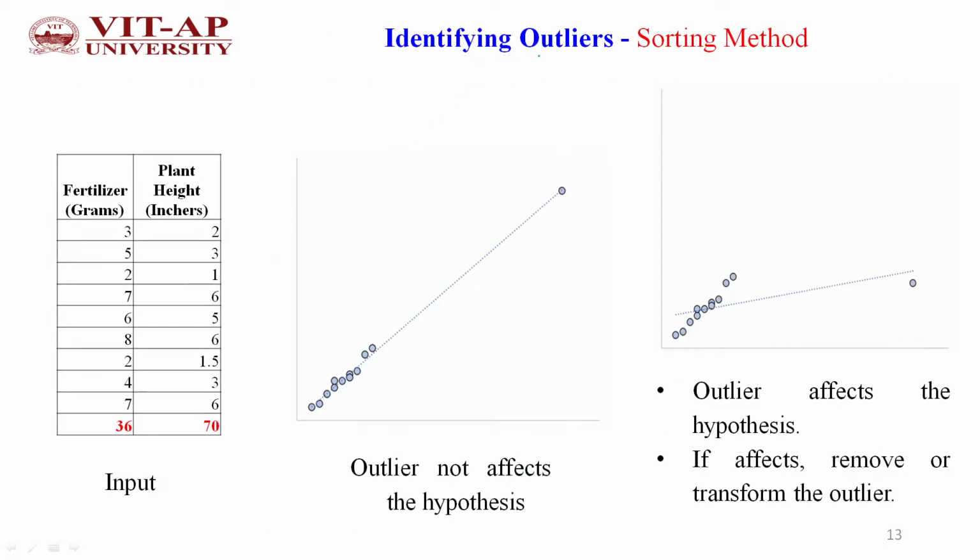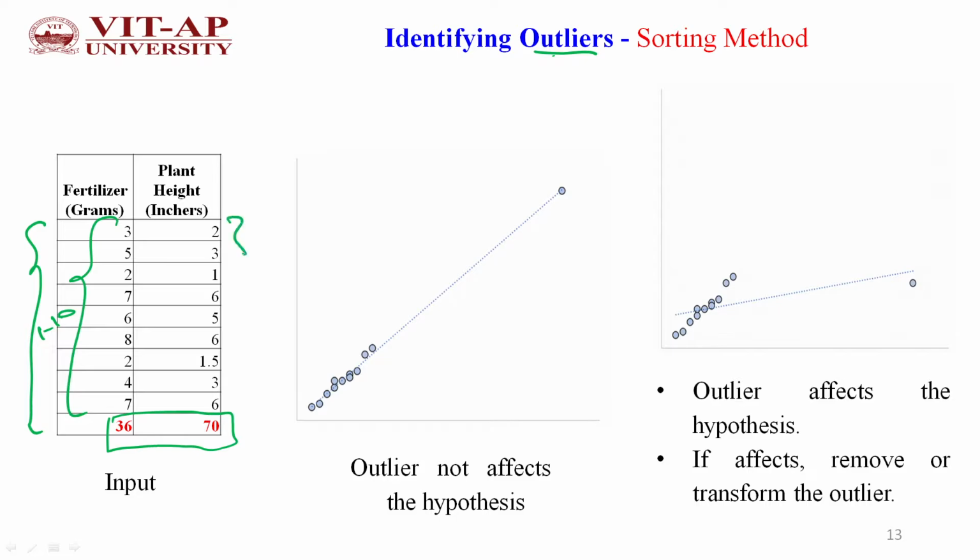Here is how to identify the outliers using the sorting method. The given data set will be sorted in ascending order or descending order. When you sort the data, look at the range of the data points, say between 1 to 10.